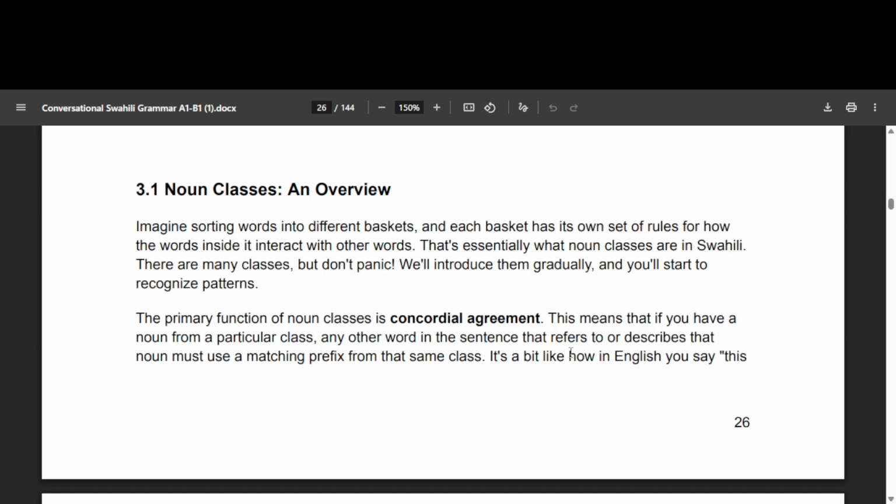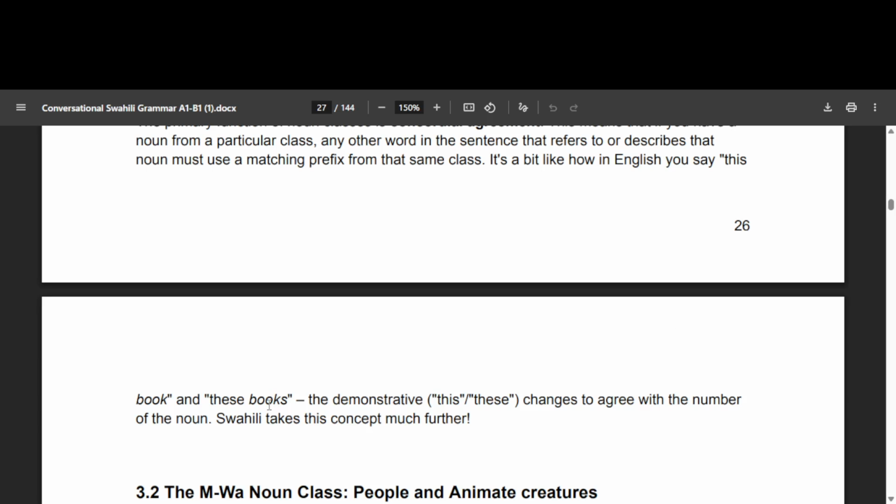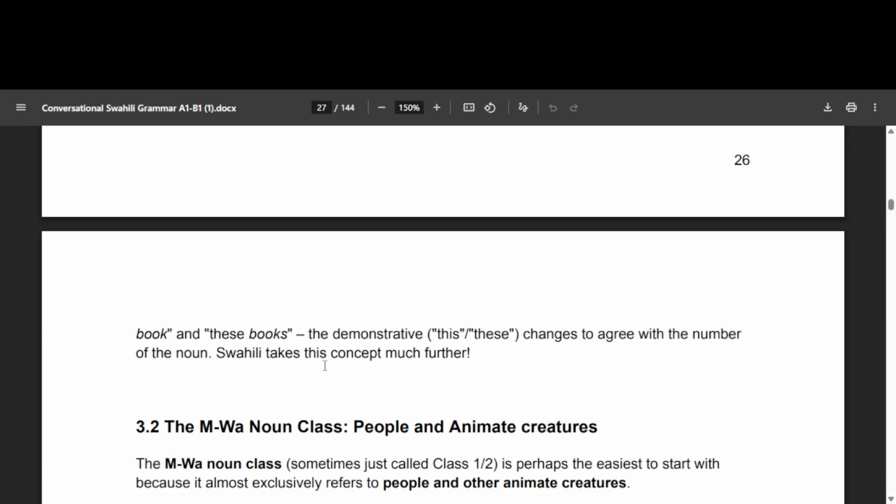It is a bit like how in English you say this book and these books. The demonstratives this and these change to agree with the number of the noun. Swahili takes this concept much further.